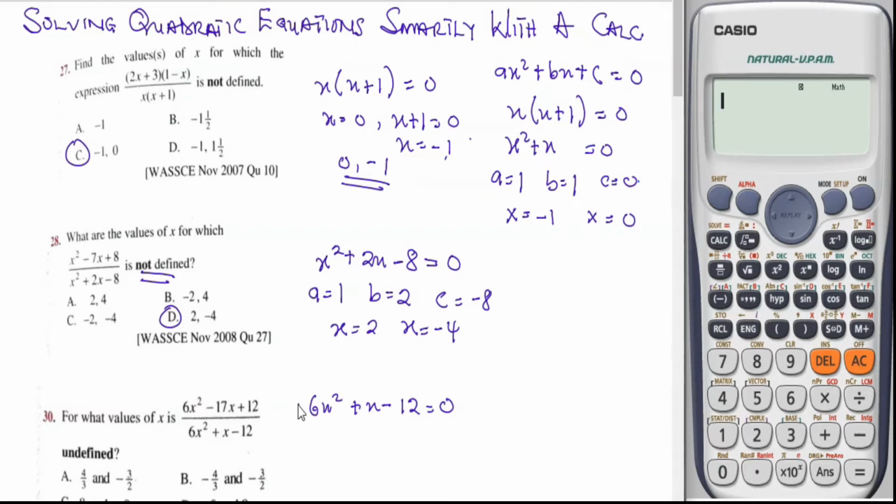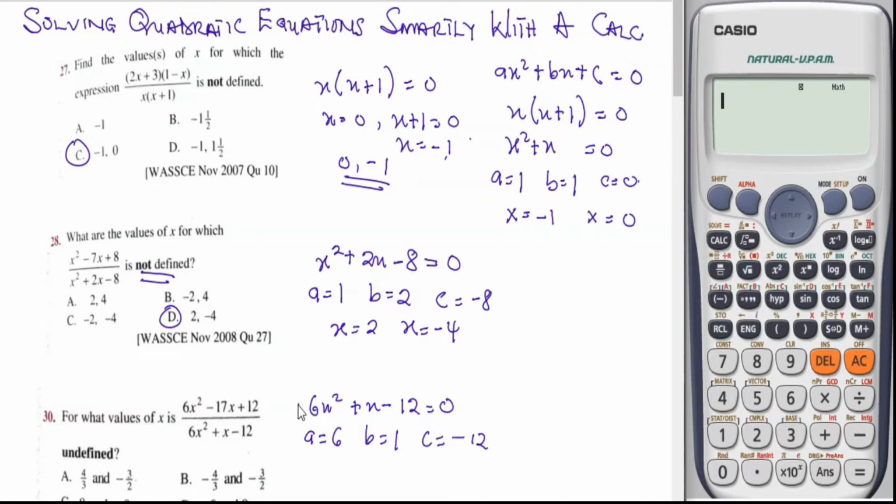Therefore, solving for the quadratic equation using the calculator, we need to select the coefficient of x squared, the coefficient of x, as well as the true constant. So the coefficient of x squared, which we know represents a, is actually the value 6. And the coefficient of x, which is the b, gives us a value of 1. And the true constant is c, which is equal to negative 12.